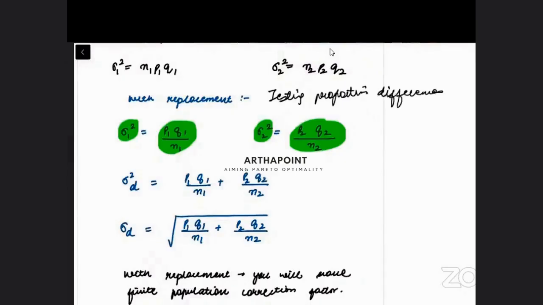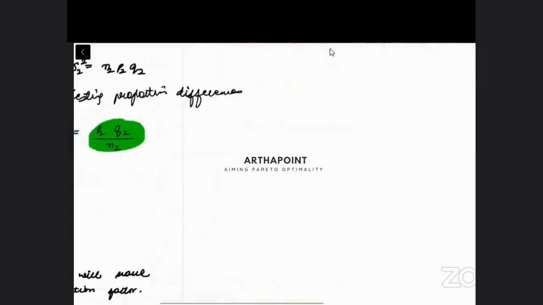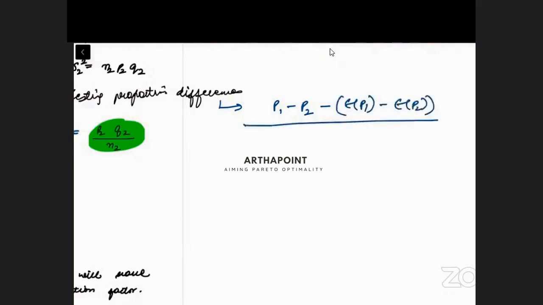So when we test the difference in proportion, if you go back to your notes, you will see it will be P1 hat minus P2 hat, where hat means the sample values, or you can just put P1 and P2, and then minus its expected value, E of P1 minus E of P2, upon the square root of the standard error of P1 plus standard error of P2.